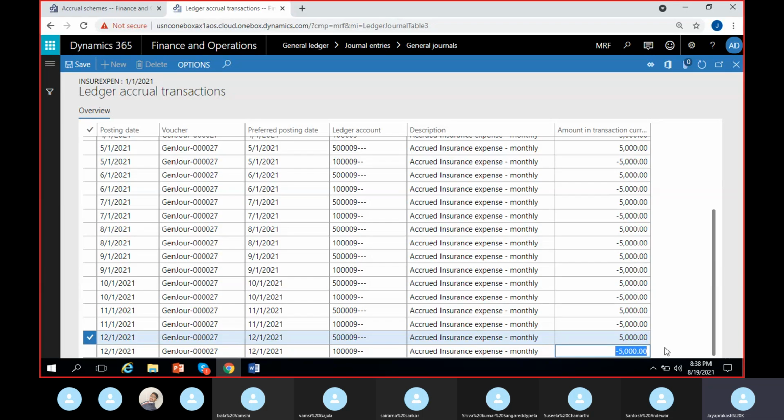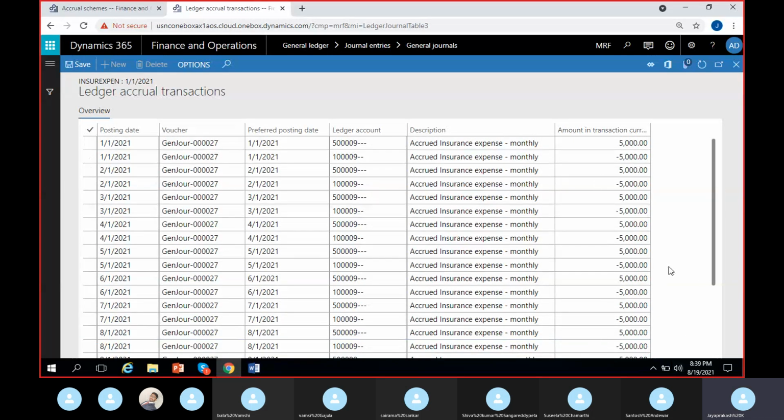I mean every month it will be decreased by 5,000. Until this 12 months is met, whatever balance you have in accrued insurance expense will be your asset, or it will show up as a prepaid expense, which will be your asset only.